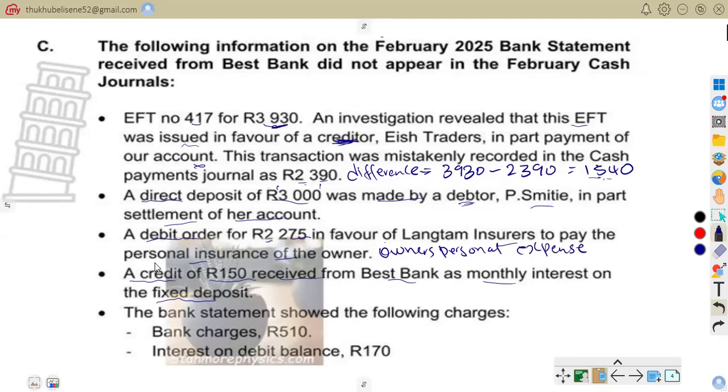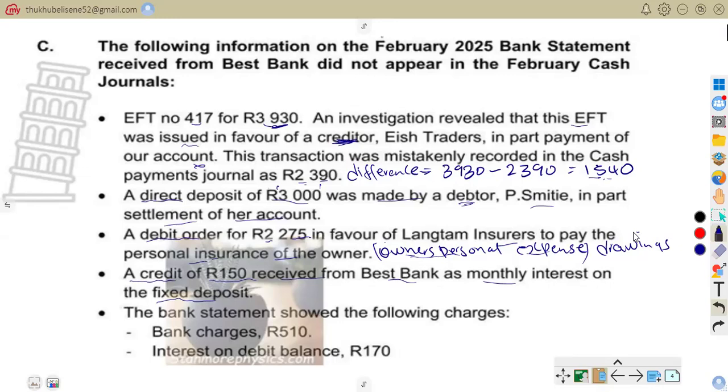Because we are told that this is to pay the personal insurance of the owner, if we take this much, it means that it is drawings. Once it goes for the owner's personal expense, this is what drawings is. So that is why we are saying this is drawings. So it means now we are to record it under the cash payment journal because the money was taken out.